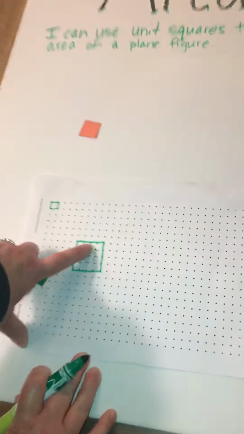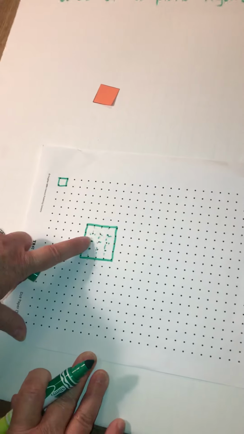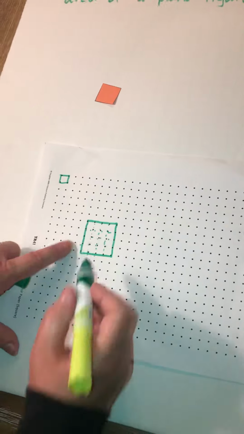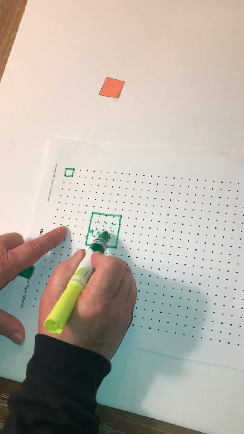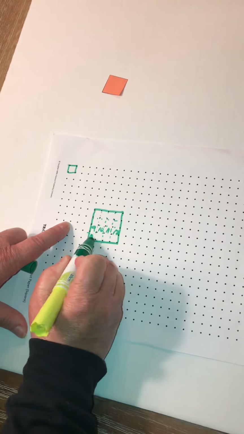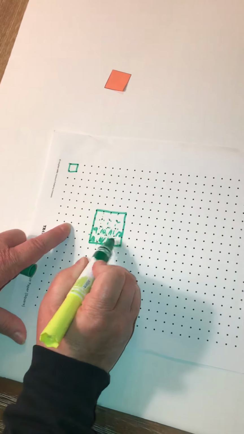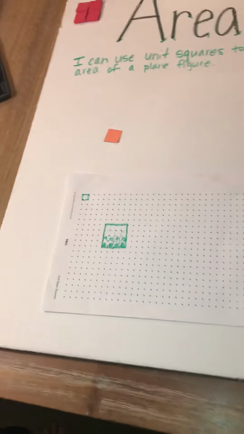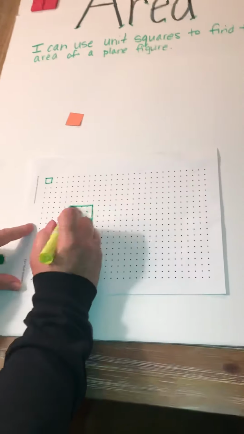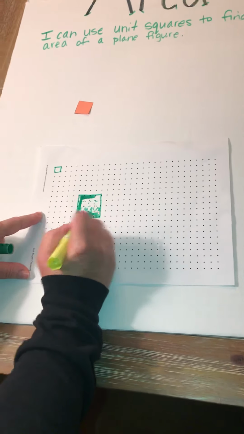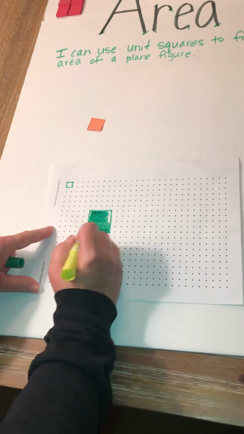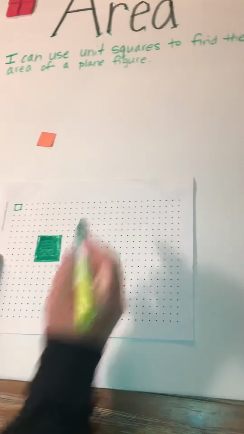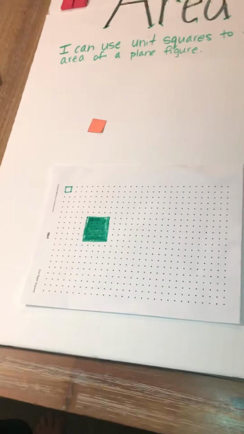We have 1, 2, 3, 4, 5, 6, 7, 8, 9, 10, 11, 12, 13, 14, 15, 16. 16 square units. I'll shade it in for us to see. So that shape is 16 square units.